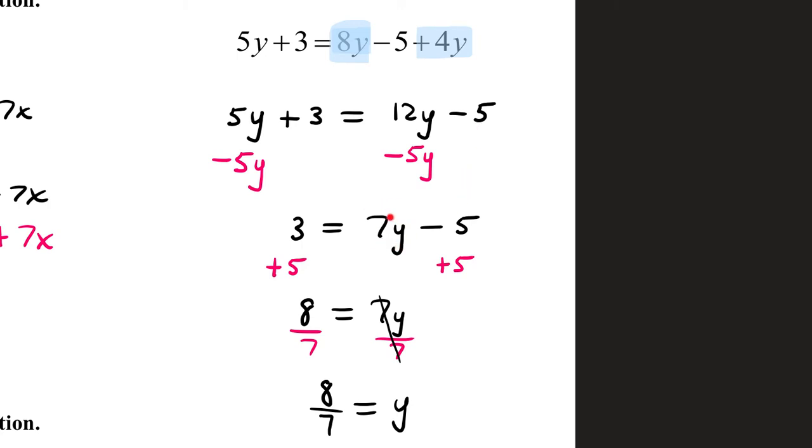Now we have a variable term on one side of the equation only. By adding 5, we get the numerical terms all on the other side. Adding 5, that gives us 8 equals 7y. That goes to 0. Divide by the number attached to your variable. Dividing by 7 gives us 1y equals 8/7.